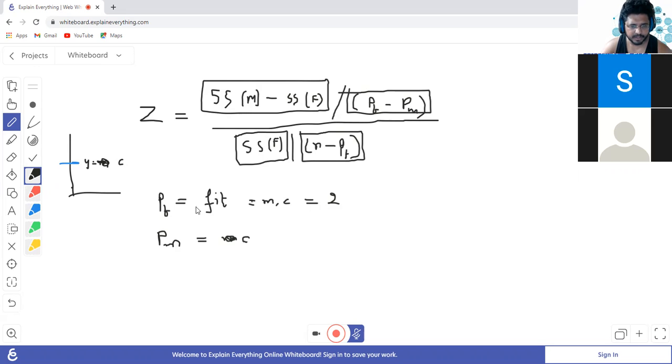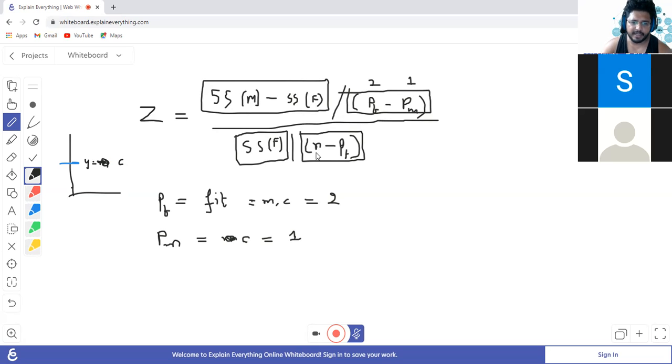So P mean is equal to 1. So P fit is 2 and P mean is 1, and subtracting them gives 1. That means the numerator is the same as the numerator of R square.